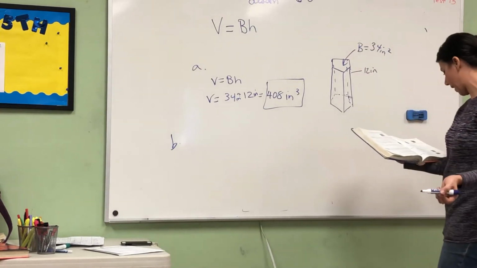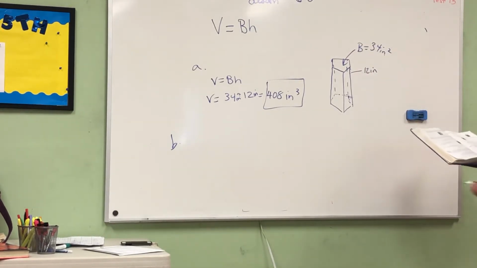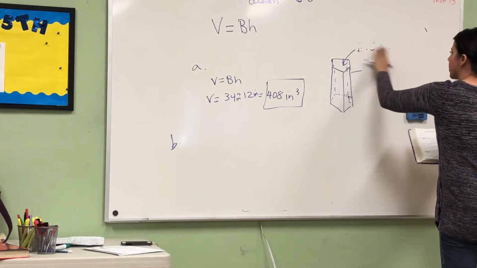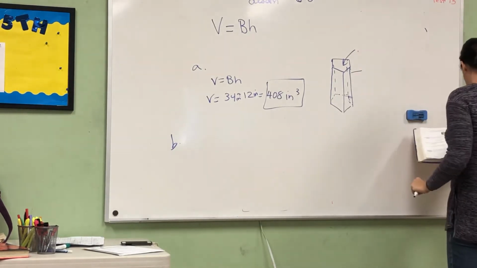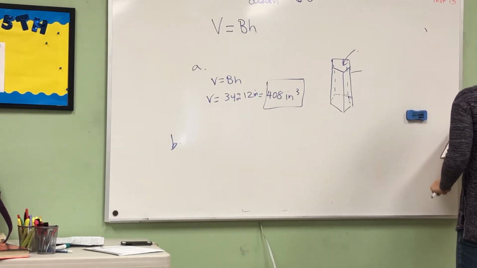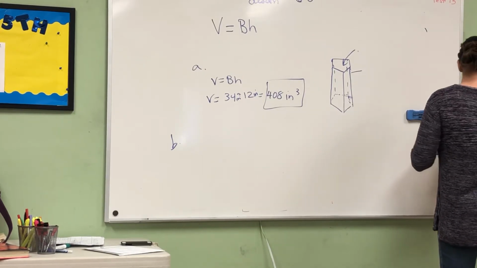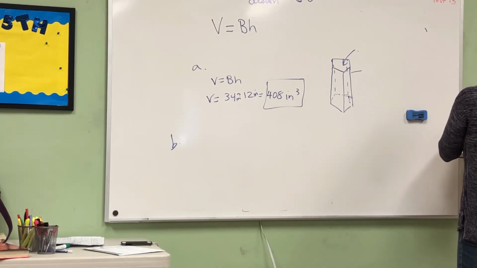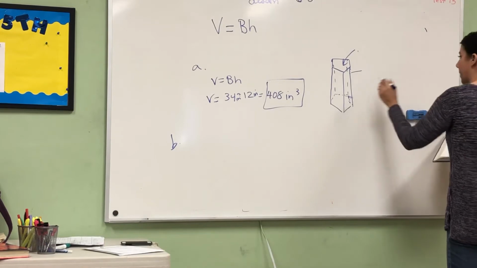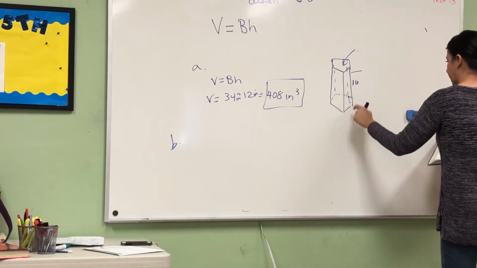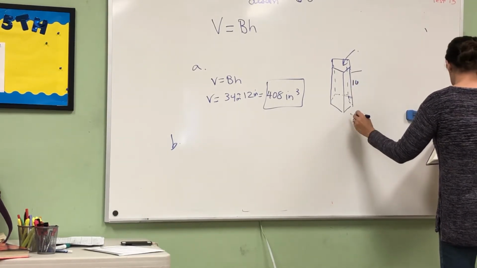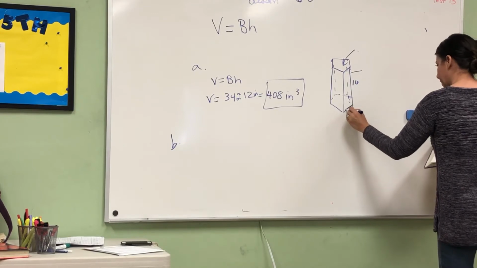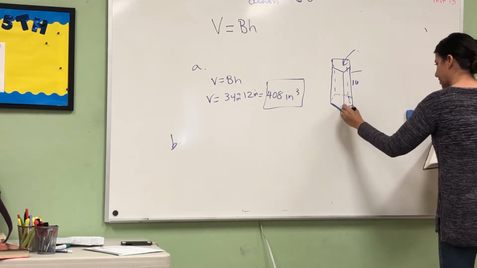Aren't you glad we drew it out? Oh, it's a different one. That's okay. We'll just erase this. It says find the lateral surface area of this right prism whose bases are regular pentagons, dimensions are in feet. So we have 16 and 12. What does it mean if it says it's regular?